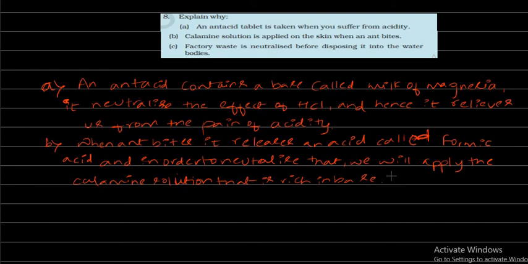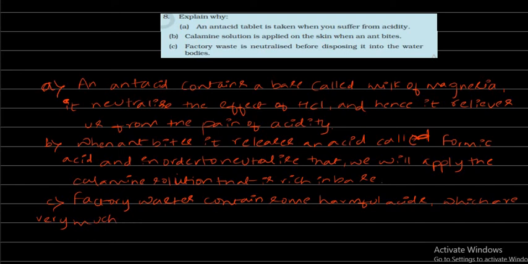Next, we have to neutralize factory waste before disposing it into the water bodies, because factory waste contains some harmful acids which are very much harmful for aquatic bodies.